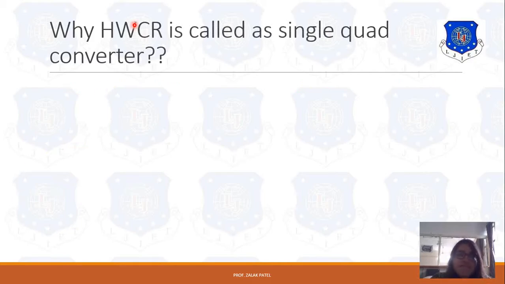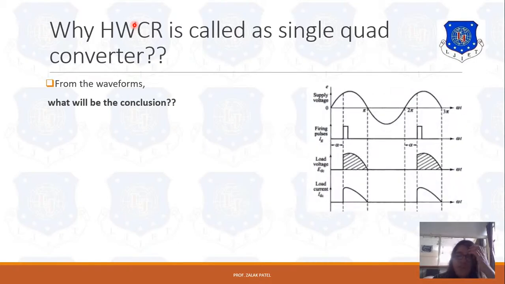Now the next question is why the half wave controlled rectifier is called a single quadrant converter. For this you have to consider the waveform that we discussed in the last lecture. This is the waveform of a half wave controlled rectifier with only resistive load.